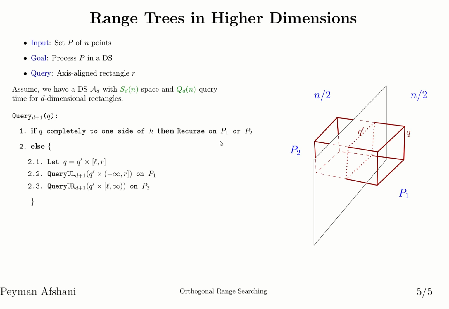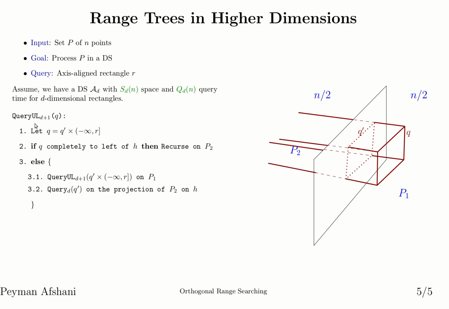So this is actually a cheap step. The interesting part is the else step. But when this else step happens, you no longer call the d plus 1 dimensional query anymore. So I could write that the query time for a d plus 1 dimensional query is essentially 2 times that of an unbounded query.